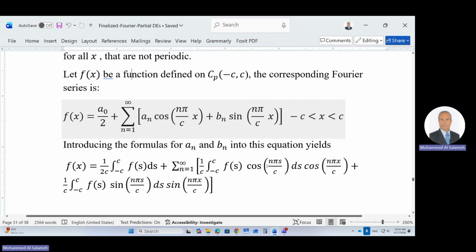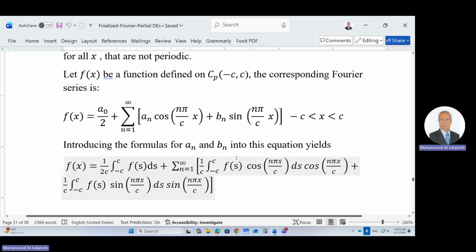Introducing the formulas for a_n and b_n in this equation yields the following. Instead of a0, we put 1 over 2c integration from minus c to c of f of s ds. Plus the summation from n equals 1 to infinity: a_n is 1 over c integration from minus c to c of f of s cosine n pi s over c ds, times the cosine as it is here.